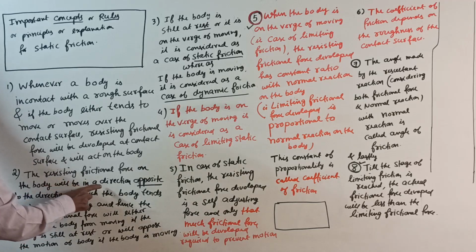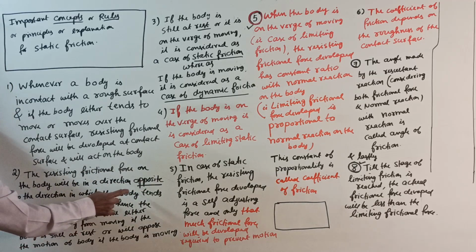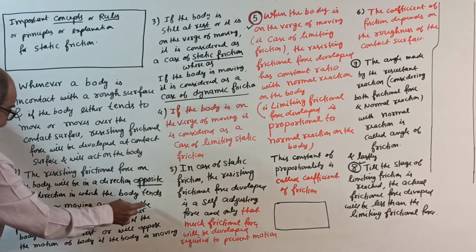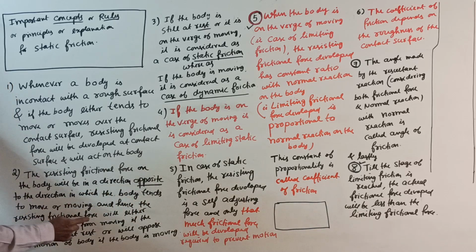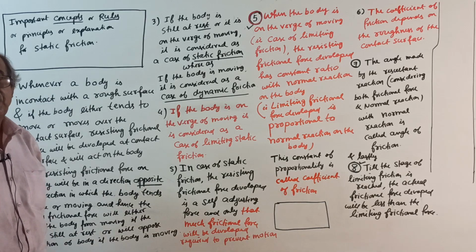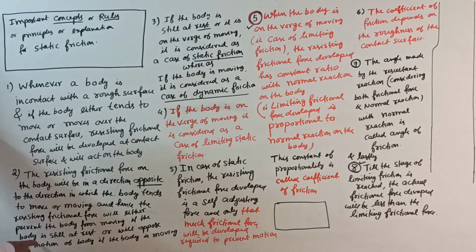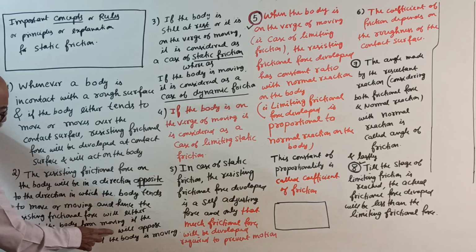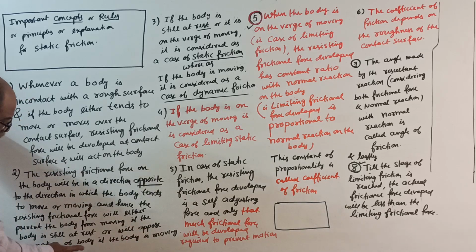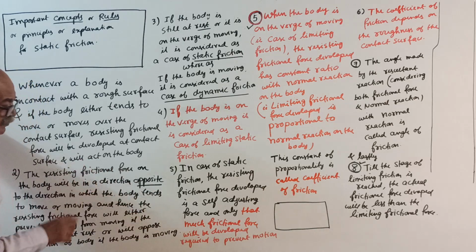Hence the resisting frictional force will either prevent the body from moving, if the body is still at rest, or will oppose the motion of the body if the body is moving.